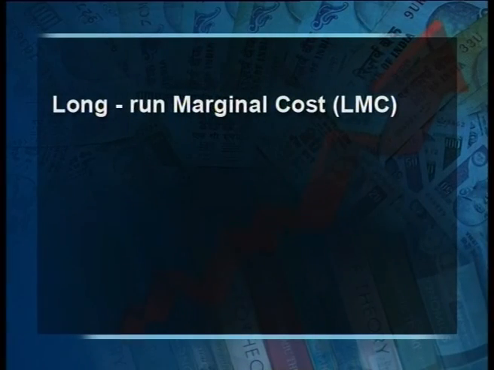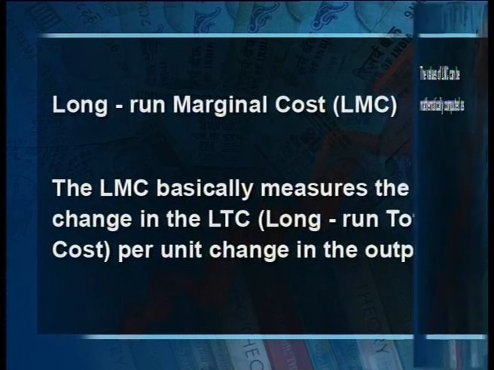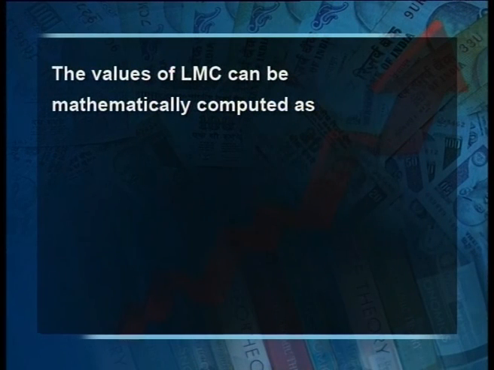Now, let us understand what is long run marginal cost. Long run marginal cost basically measures the change in the long run total cost per unit change in the output. The values of LMC can be mathematically computed as follows.